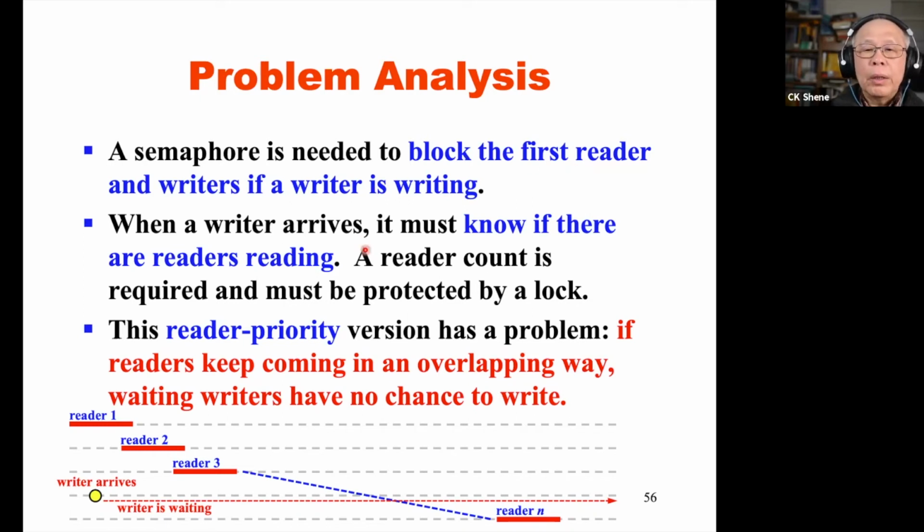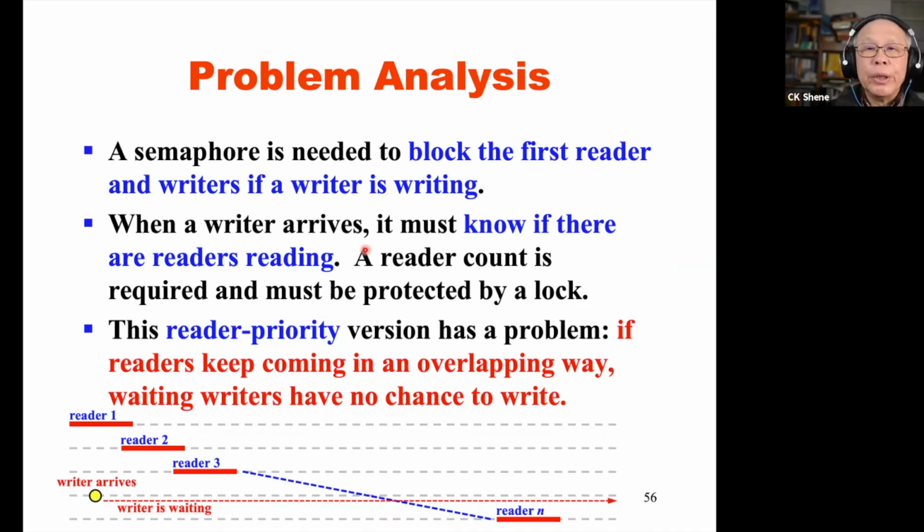So when a writer arrives, it must know if there are readers reading, right? We mentioned on the previous slide, if there are readers reading, the writer must wait. This is the reader priority version. Therefore, if there are readers reading, writers must be blocked.